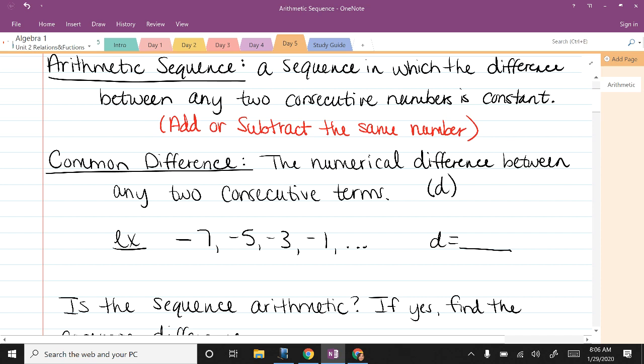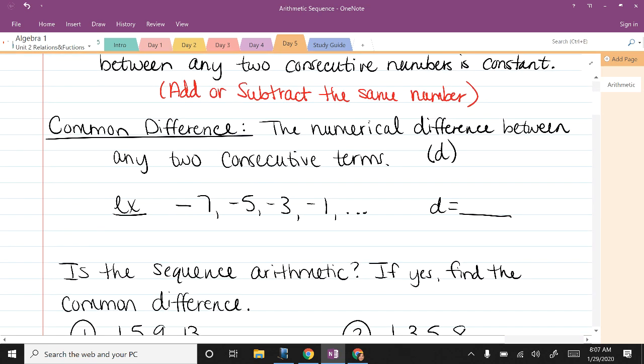Now, if you're adding every time, the common difference is going to be a positive number. If you're subtracting every time, what do you think the common difference is going to be? A negative number. All right, so if the numbers are going down from left to right, you're going to have a negative number.